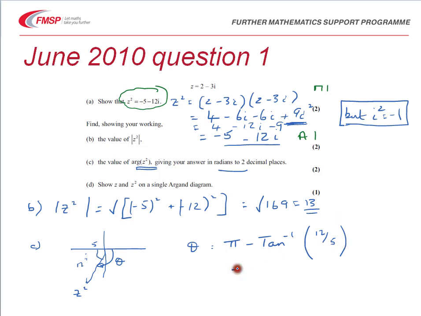That's equal to 1.97 to 2 decimal places. So arg z is negative 1.97.